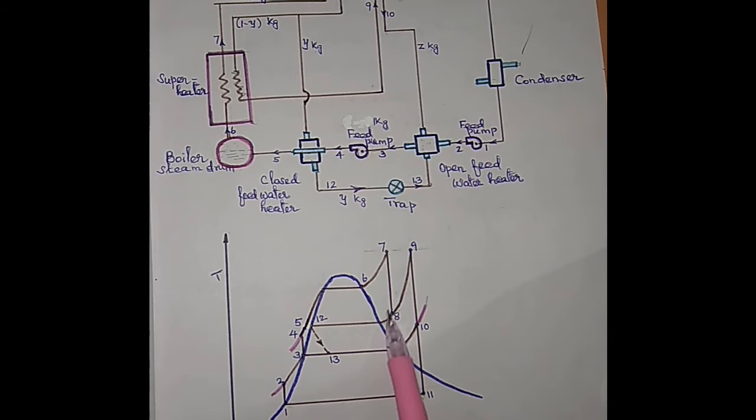So by reheating it, we are able to produce more power with the same amount of steam. So specific steam consumption decreases. When it decreases, what happens? The amount of water required in the condenser also decreases. There is another advantage.